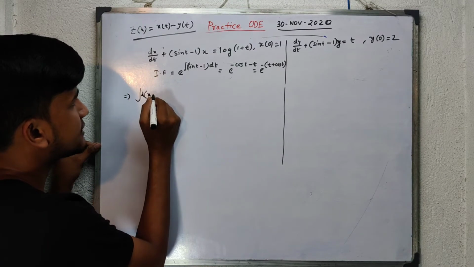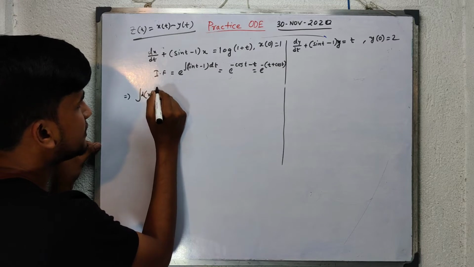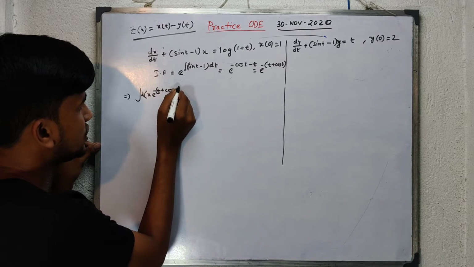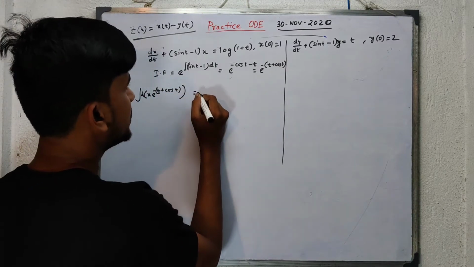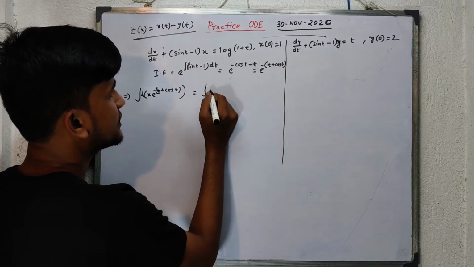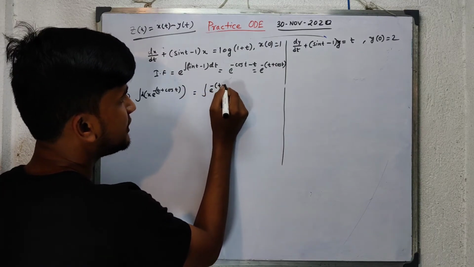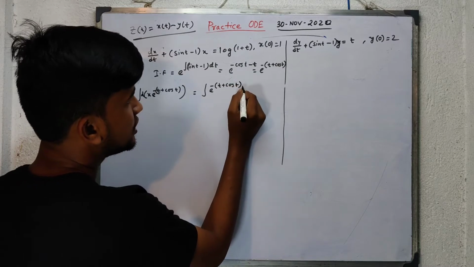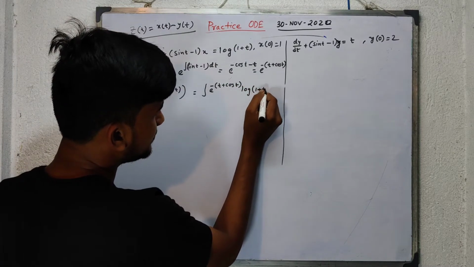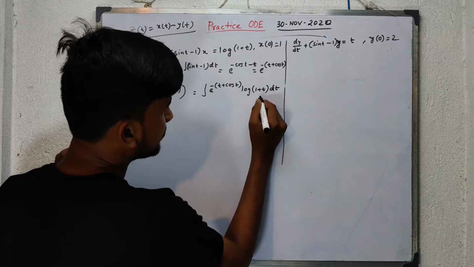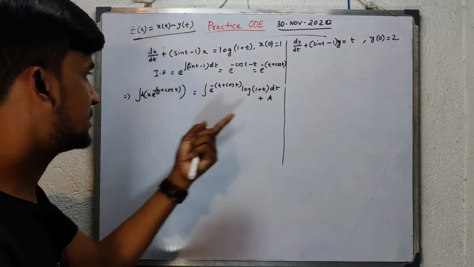Now this implies integrating d of x times e^(-t + cos t) equals the integral of e^(-t + cos t) log(1 + t) dt, plus a constant of integration, say a.